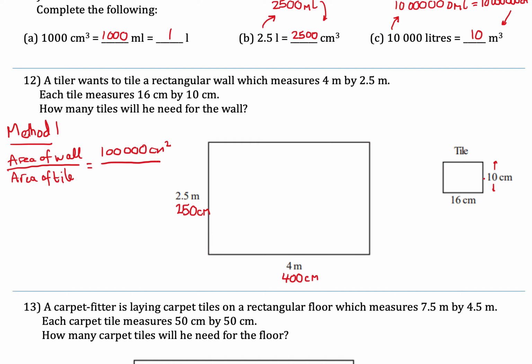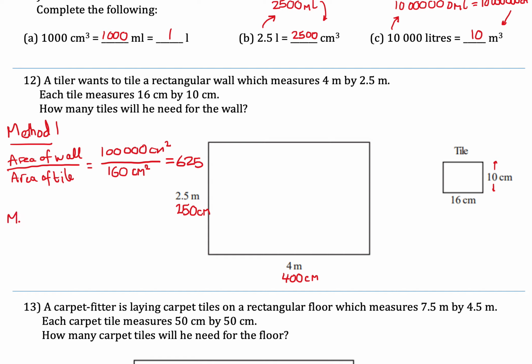And the area of a tile is 10 times 16, so 160 square centimetres. And when I do that division, we get 625. Okay, so that's method one.